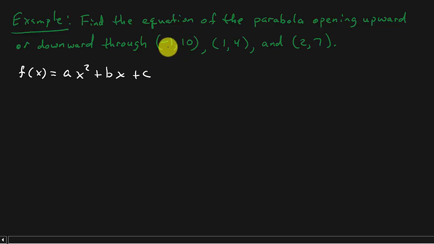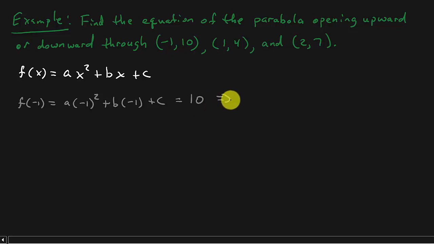They're telling me I've got an x value of -1. If I plug that -1 in for x, so f of -1 is a times -1 squared plus b times -1 plus c, that should equal 10, right? That's what that means. If I plug -1 into my function, I should get 10 as an answer.